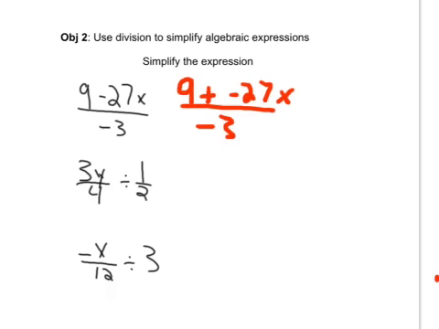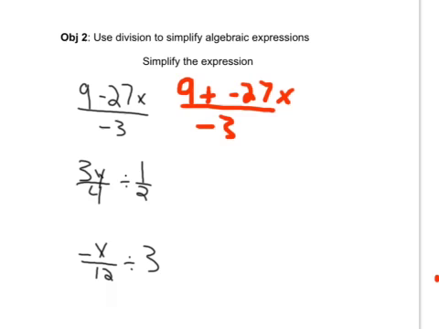We can only simplify this if the bottom number goes into everything, or every term on the top. So again, this is where we have to recognize what terms are. 9 and negative 27x are both the terms. So we cannot simplify this unless negative 3 goes into 9 and goes into 27x. It has to go into both. Well, lucky for us, it does.